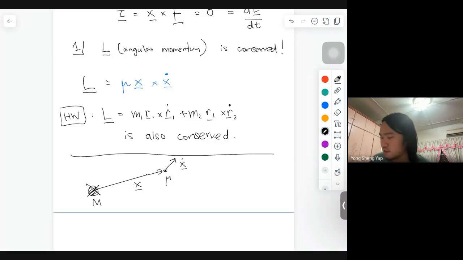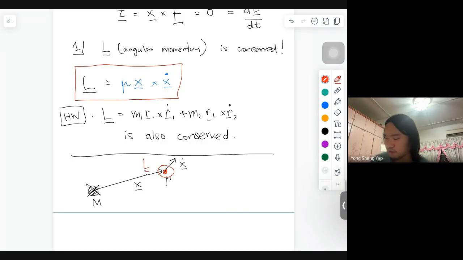One thing to first look at is the angular momentum of the system. The angular momentum points in the direction perpendicular to both the position and the velocity. In this case, it points outside the plane.